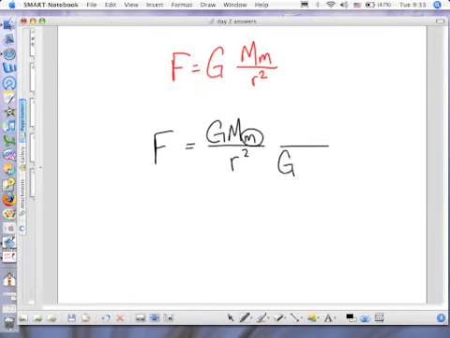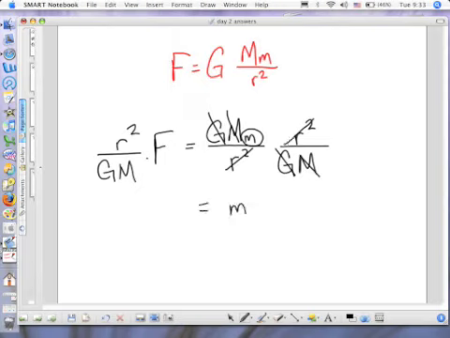Big M and little m, what's happening? Opposite? Division. Little m and r squared, they're being divided. So what's the opposite? Multiply. So over here, we're going to multiply by r squared over capital G, capital M. G, M, r squared.